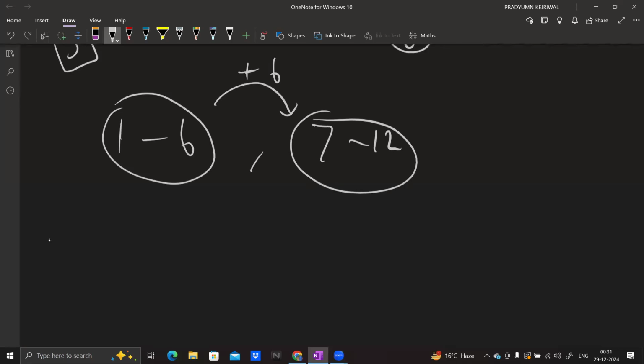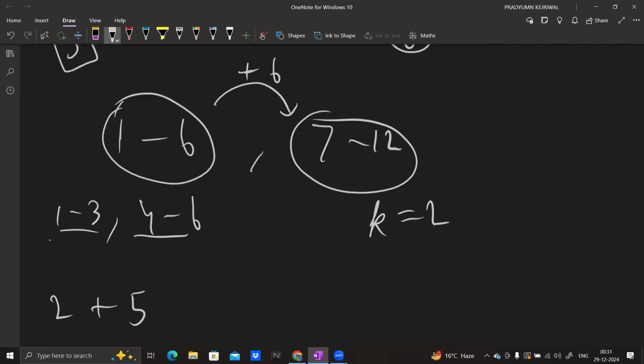Let's do k equals 2. For 1 to 6, it would first break into 1 to 3 and then 4 to 6. Then we would add the answer of 2 and 5 from these ranges. So the ranges would become 1 to 3 and 4 to 6, and this is the answer. 7 is the answer for 1 to 6.